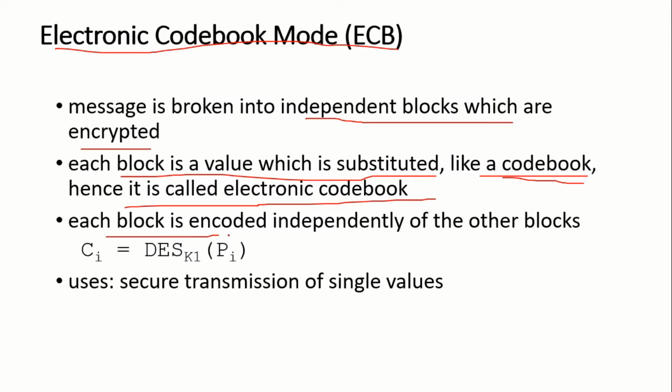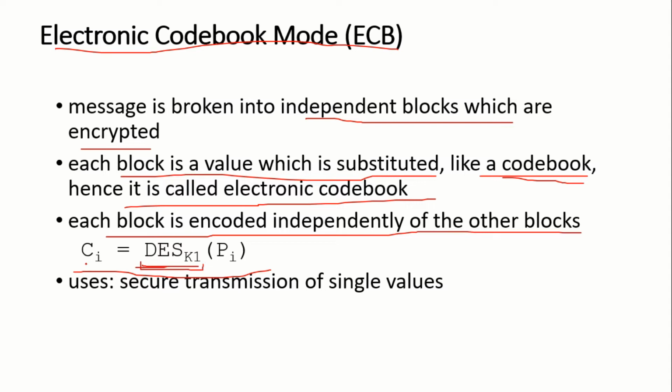Each block is encoded independently of the other blocks, right? And the method which we use for encrypting the block is this one. This example is considering the DES algorithm, but we can use AES as well.